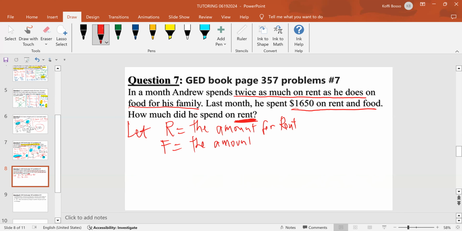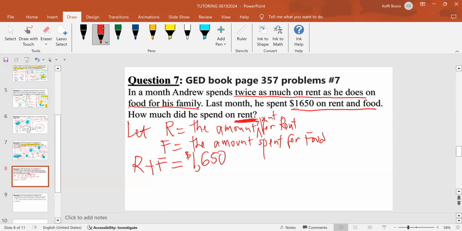As an algebraic expression, R plus F is how much? $1,650. Yes, this is one of the equations.